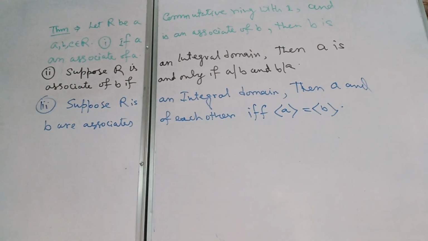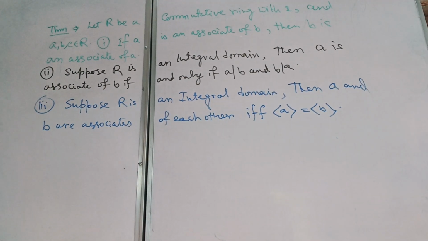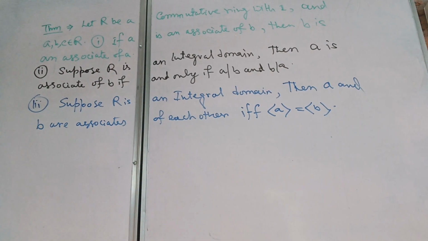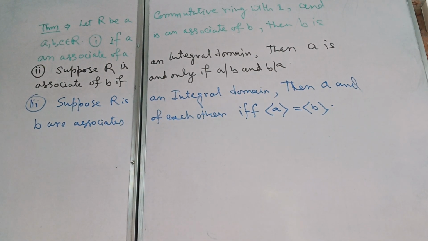Now we also discuss this one: R is an integral domain, then A, B are associates of each other, then the generated set of A equals the generated set of B.